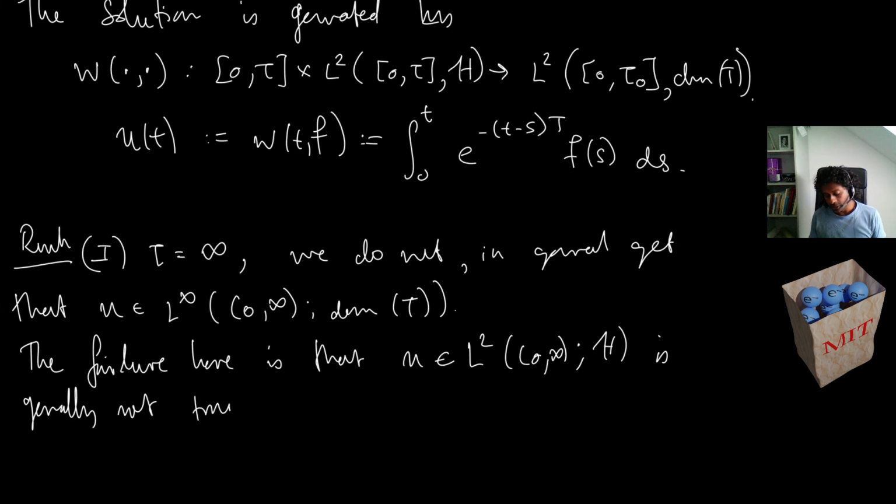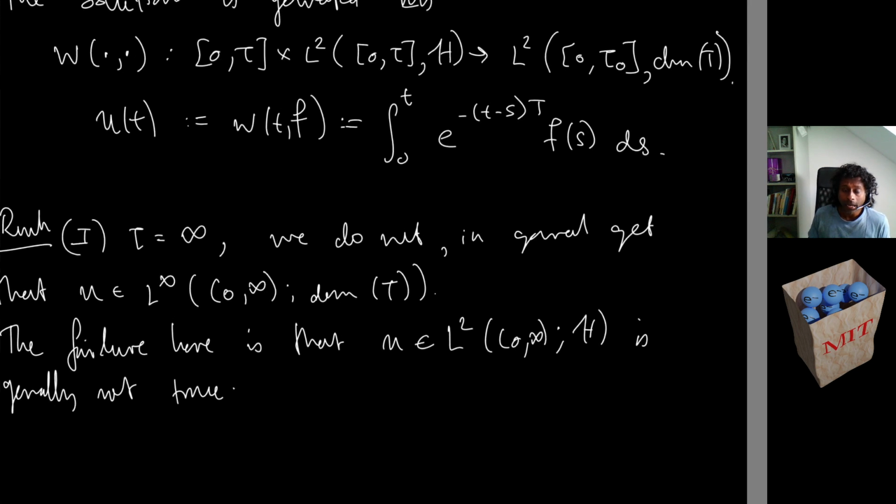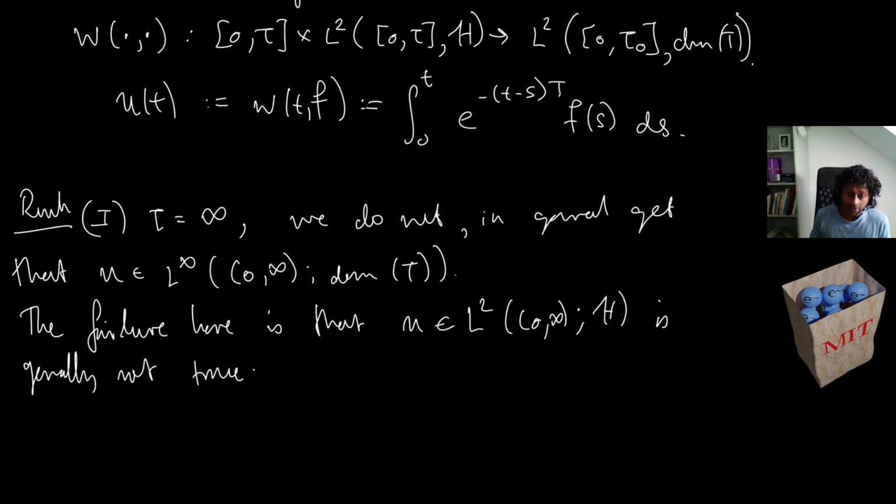And remember here that Banach space dom T is the graph norm, right? So we need also U to be in L2 of H.